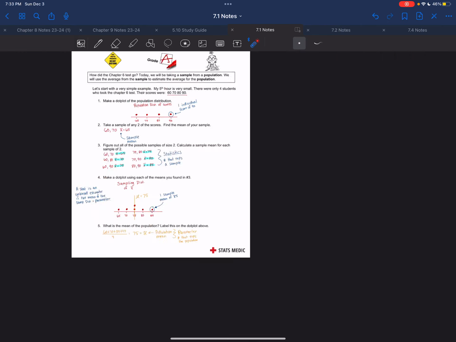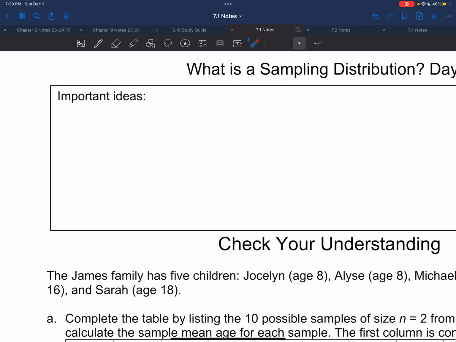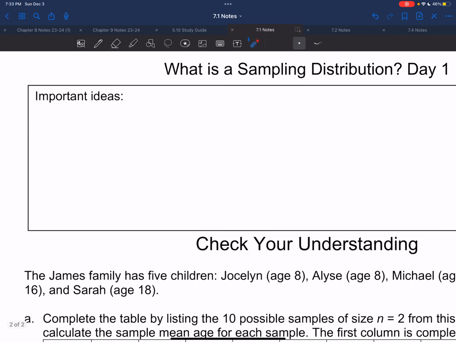So a couple of takeaways, important ideas. What is a sampling distribution, day one? Number one, parameter and statistic. A parameter is just a number that represents the population.